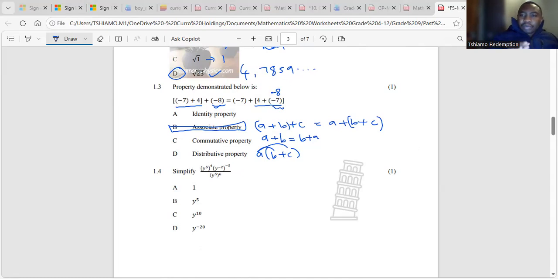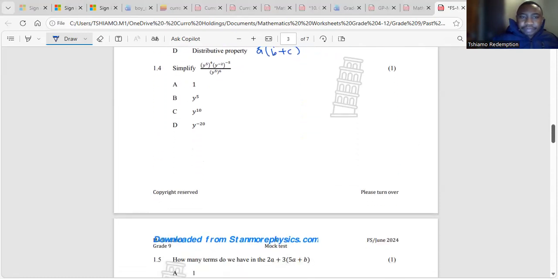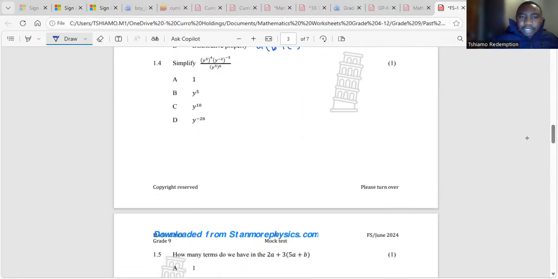So in terms of seeing brackets there, that should be the associative property.